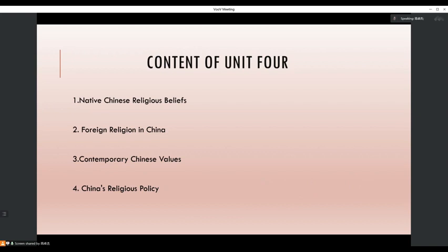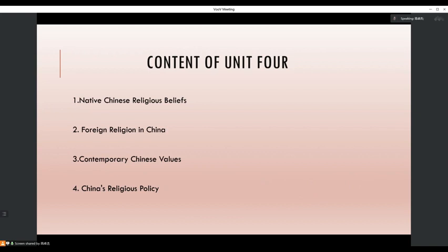The native religion in China is Taoism. Do you know Taoism? Laozi. Taoism is the only famous religion of its own in the world.